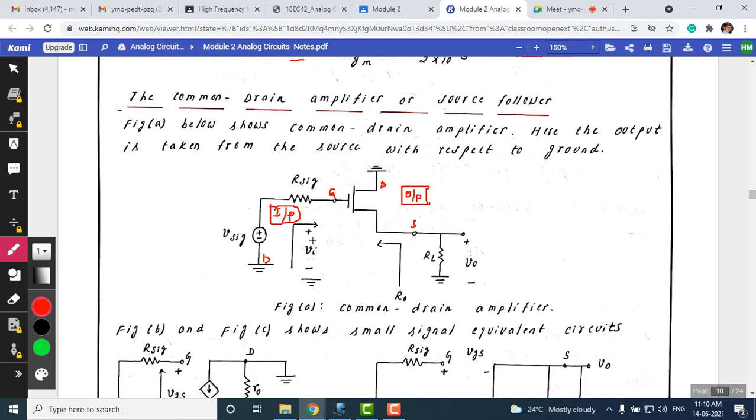And other things are the input resistance. As you see at the amplifier input, we already said the amplifier input is the terminals gate and drain. When you look into these two terminals, gate and drain, the resistance that is measured is nothing but R in. This is the input resistance.